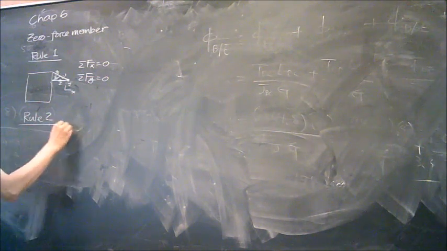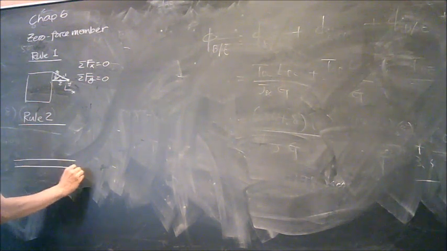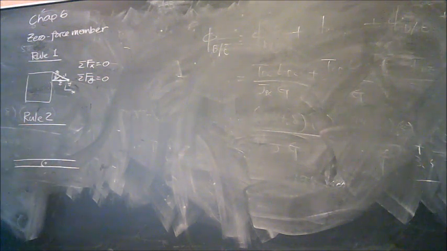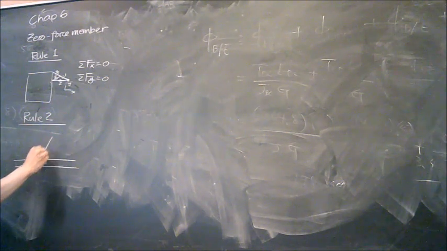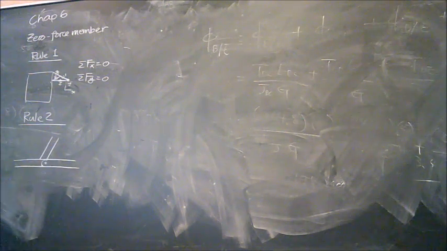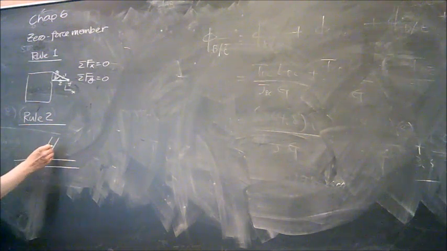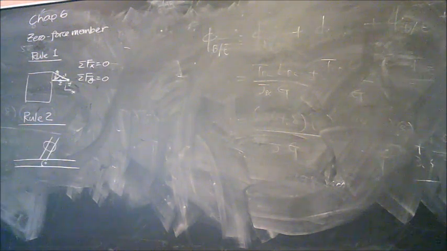Rule 2. If you have two bars connected as a straight line, and we don't have any external force applied to this connection, meanwhile I have another member joined to this connection. So over here, this member must be a zero force member.